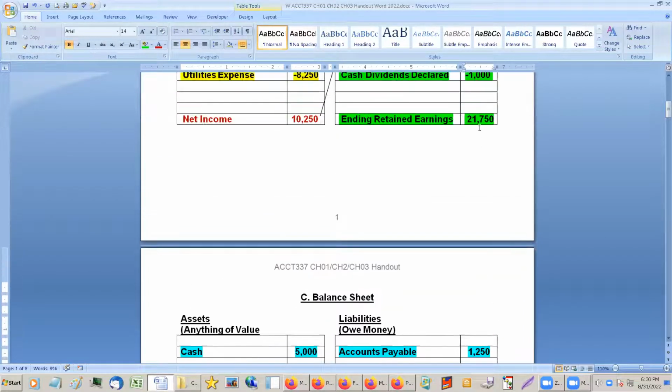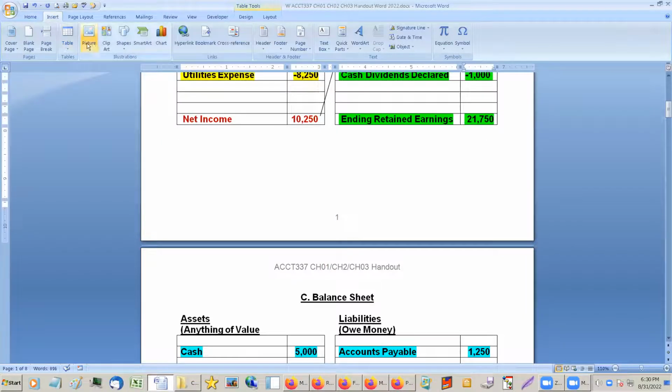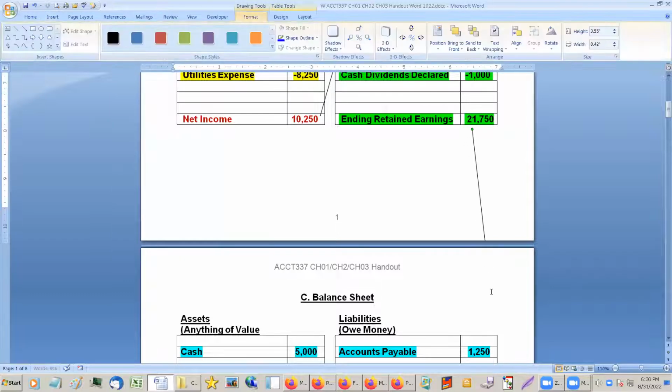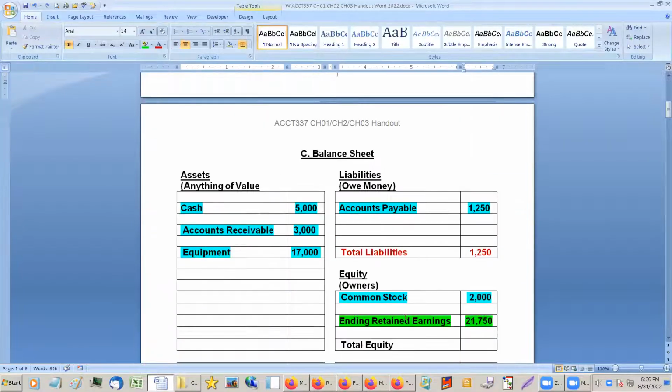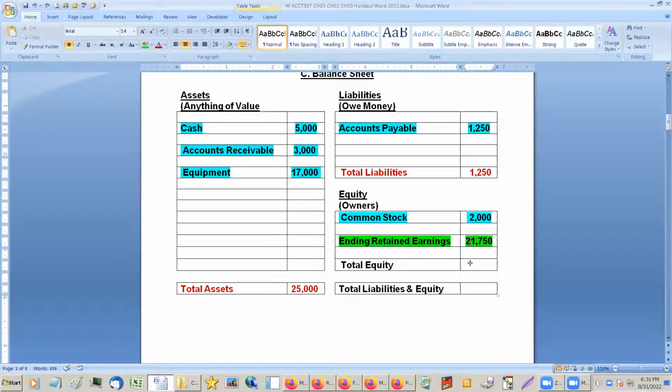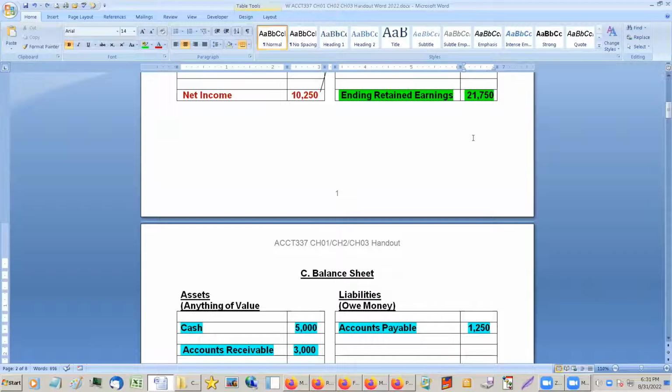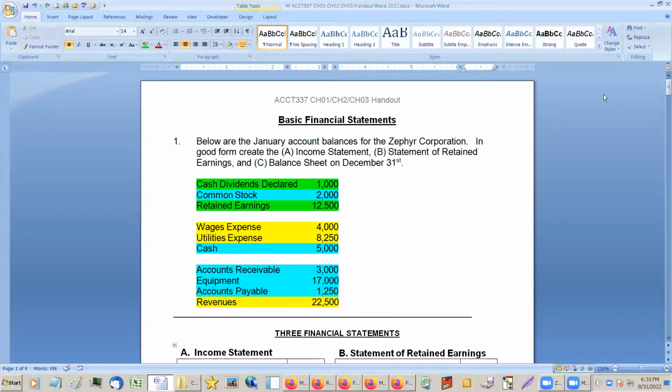If I can make an arrow from one page to the next? Let me try. I don't think it's going to let me though. Nope. Well, anyway, this retained earnings is the same as this retained earnings up here. I know what I can do, I can make this one move down some.